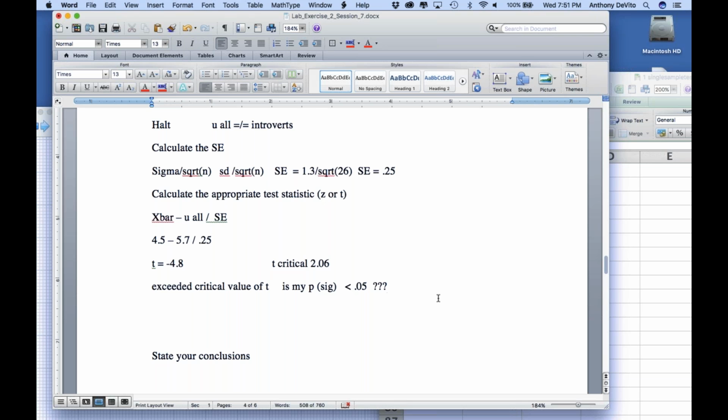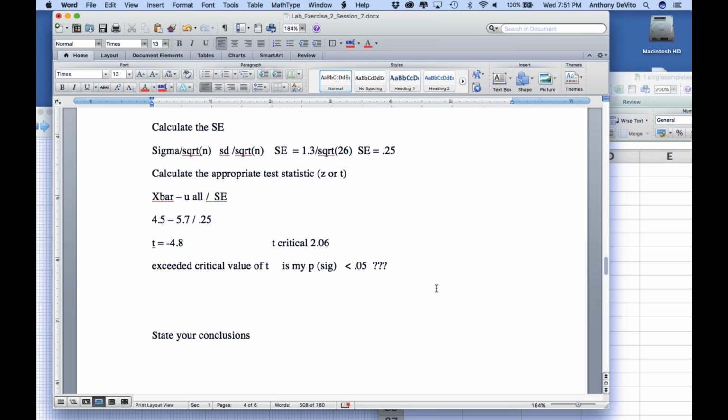Yes, we use n minus 1. Do you agree that it's less than 0.05? Yeah. So if my p-value is less than my acceptable level of error, which is alpha, in other words, if my critical value has been exceeded, then I can reject my null hypothesis and accept the alternative hypothesis.